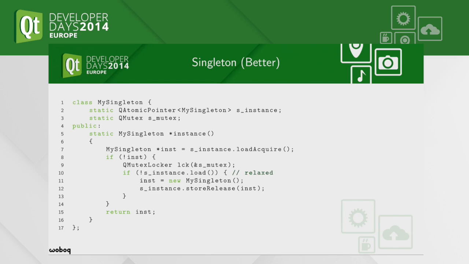So we make sure that everything that was before this store release is done. And the load acquire means that all the reads that are going to happen after we call this function, like all the reads to the singleton, really appear after we did the load.